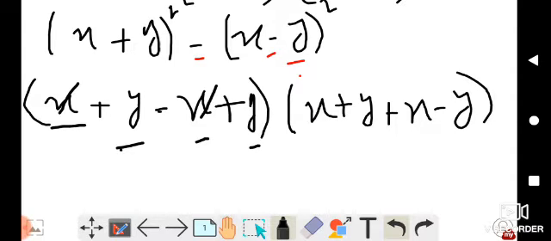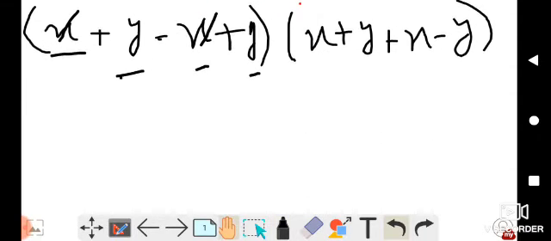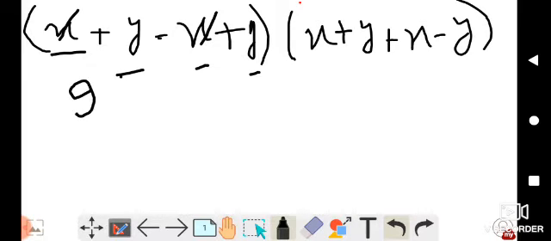So how many y is here? 2y. Okay, and now see in this bracket, here is a positive x, here is a positive x. So how many x will be here? 2x.